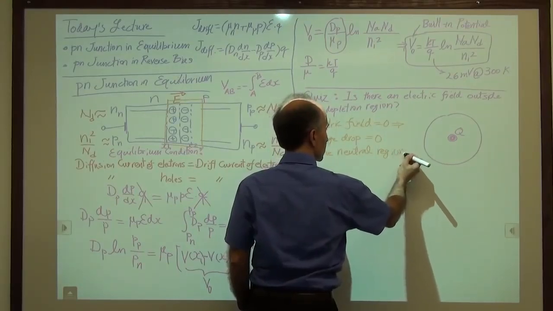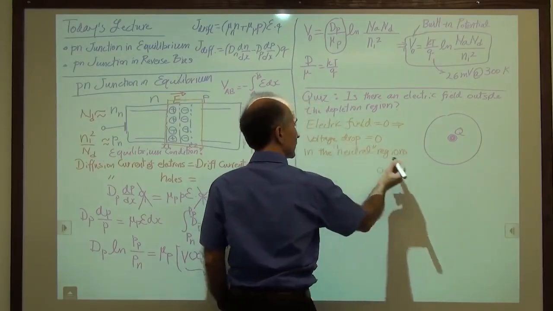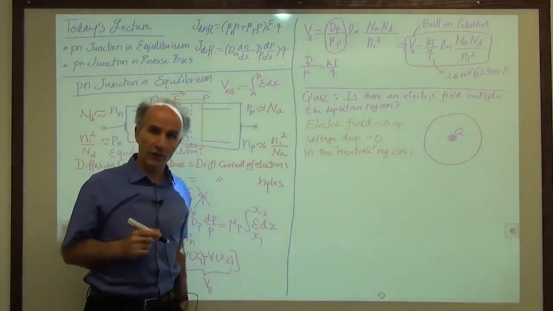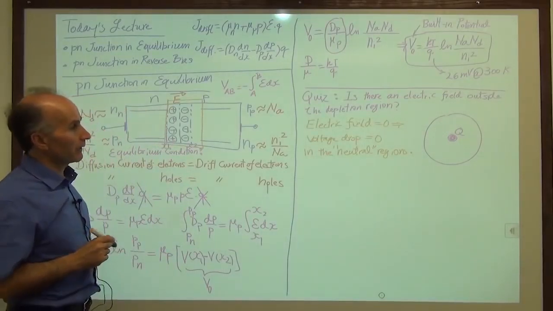These are neutral regions because they don't have any net charge in them. They have charge neutrality. Okay, very good.